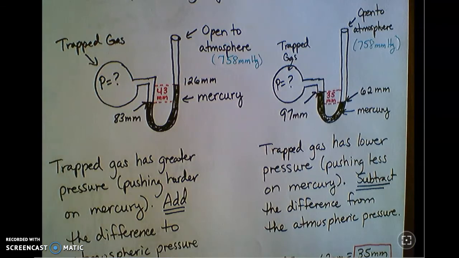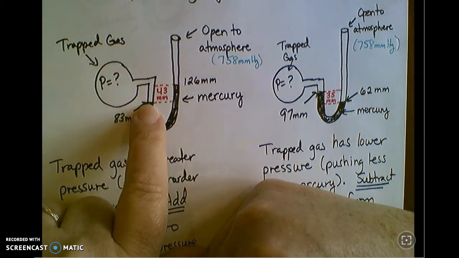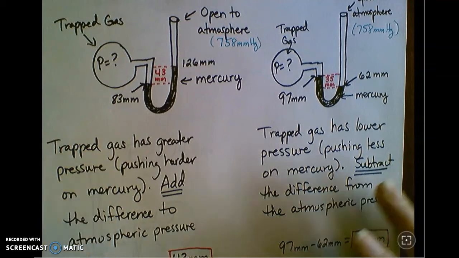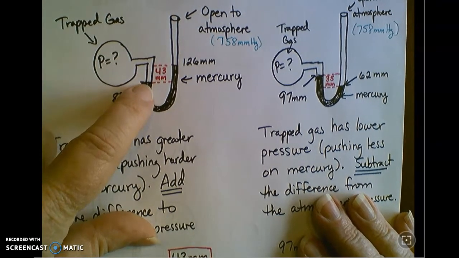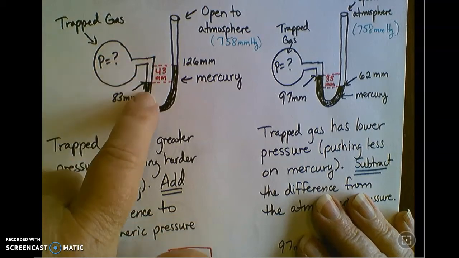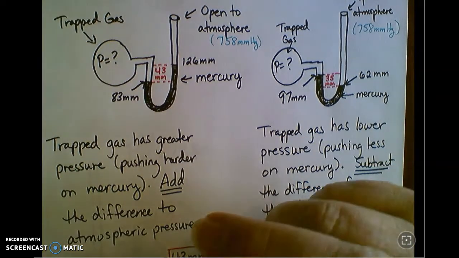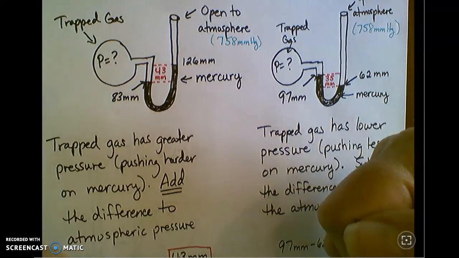The side that is pushing harder will have the lower level of mercury. So if you look at this one, and I've written it out here, the trapped gas has greater pressure. It's pushing harder on this side, and it pushes the level of mercury lower. It's a little like tug of war, except instead of tugging apart, we're pushing against each other.